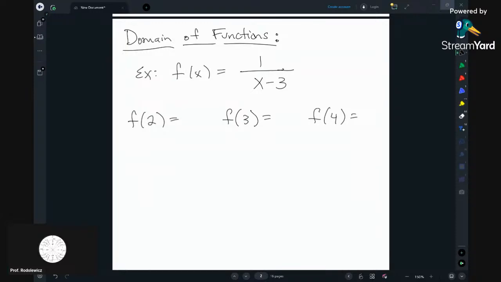What's f of 2? -1. -1? Yep. Anyone not sure what it is? Not going to raise their hand if we're not sure. Yeah, all good. So this is what we call function notation. It really is just standing for output. So it's like, hey, here's an output.